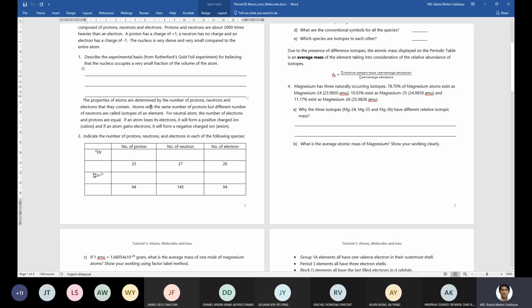Okay, so indicate the number of protons, neutrons, and electrons for each of the species. I think I don't need to do it because you are already aware of it.